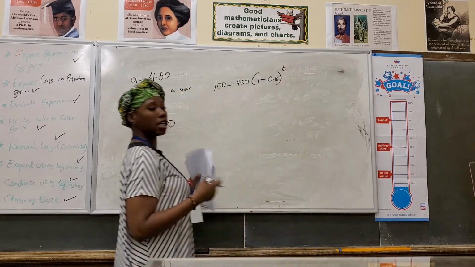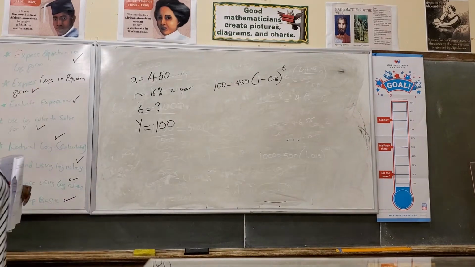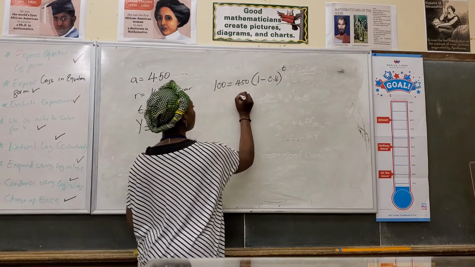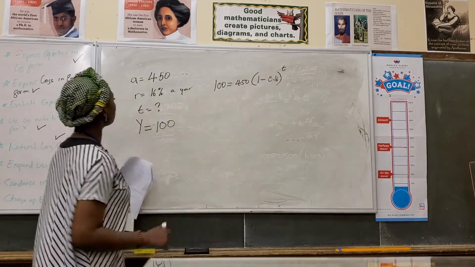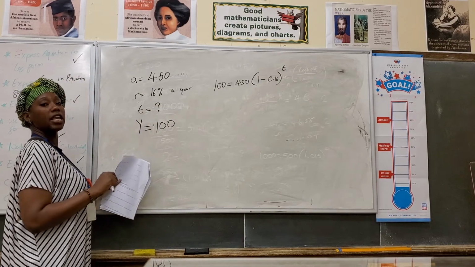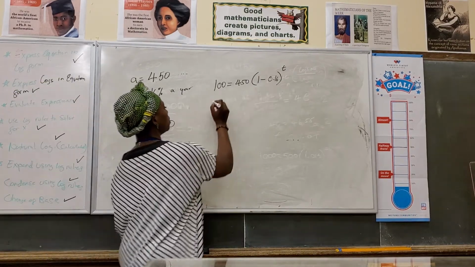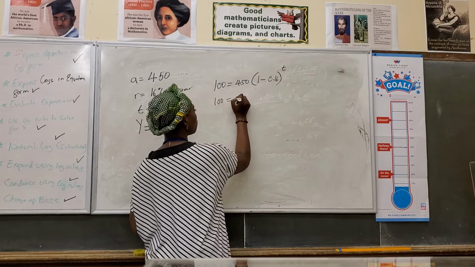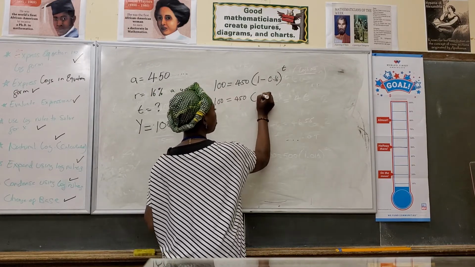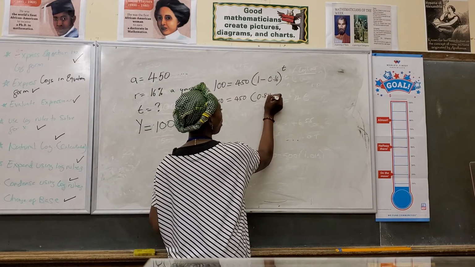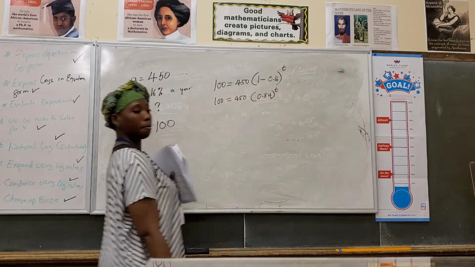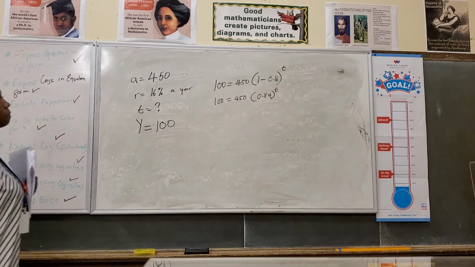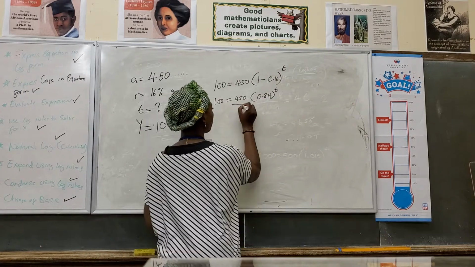N is 1 in this case, so we can just do it like that. So 450, now we're subtracting 16%. That means there's only 84% left. So when will 100 equal 450 times 0.84 raised to the power of t? We divide both sides by 450.